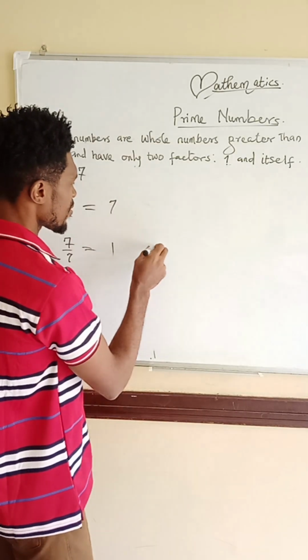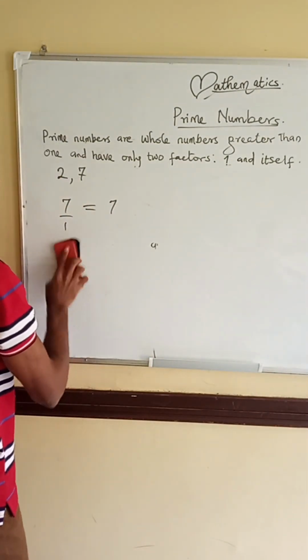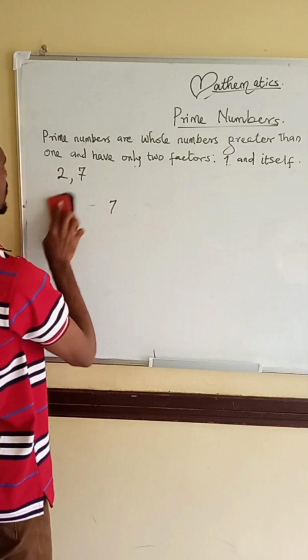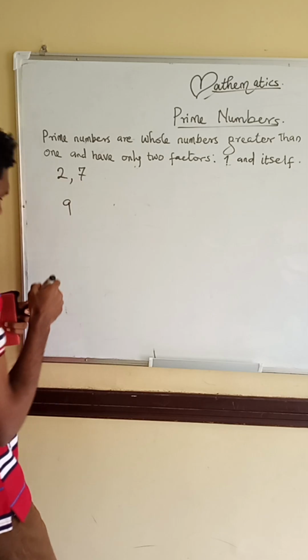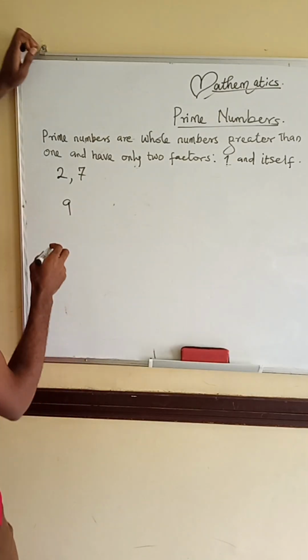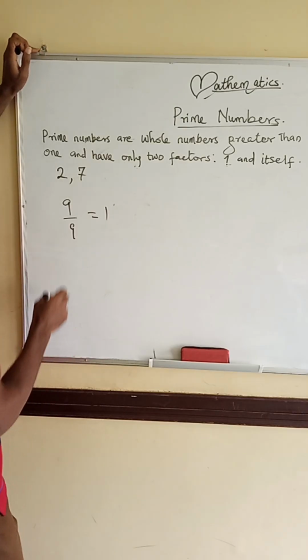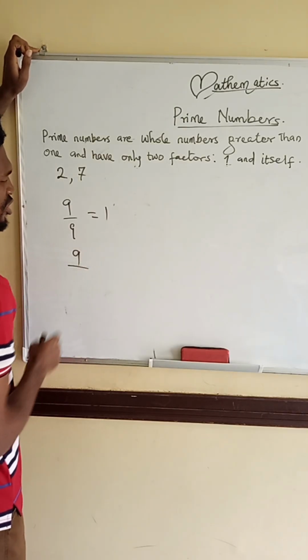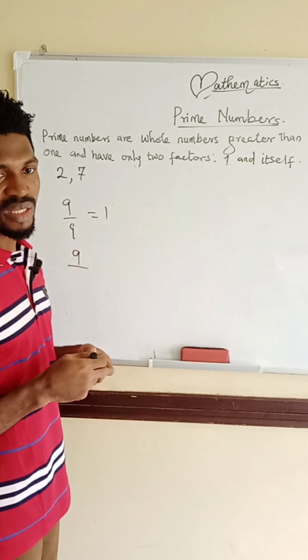Let's check if 9 is a prime number. Let's see. 9 divided by 9 will give us 1. Then 9 divided by 2: because 9 is an odd number, we don't expect 2 to divide it without a remainder.